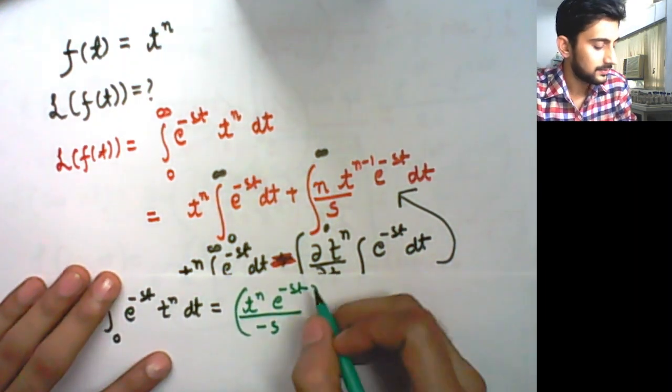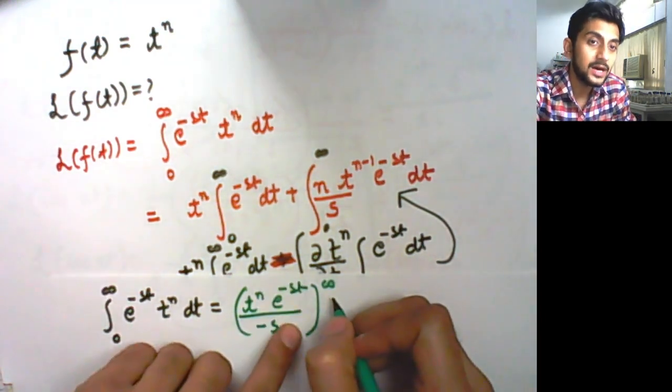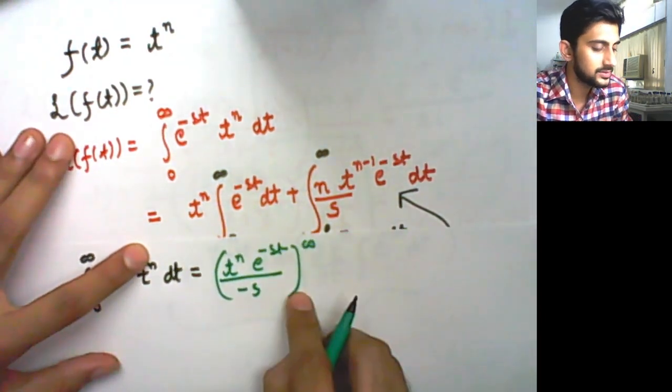You have to apply limits on t. See, the limits are on time, not on s, 0 to infinity.